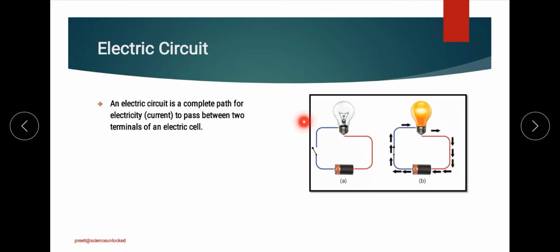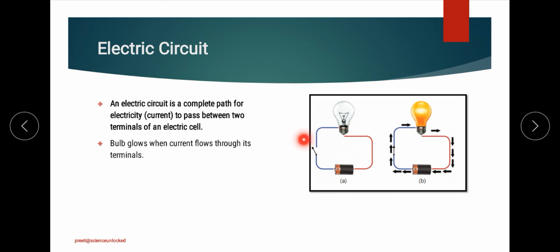Over here you can see this representing a circuit where a particular appliance is connected with the source of energy, which allows the energy to flow through it, that is a battery or a cell. The bulb will glow only if the circuit is complete.